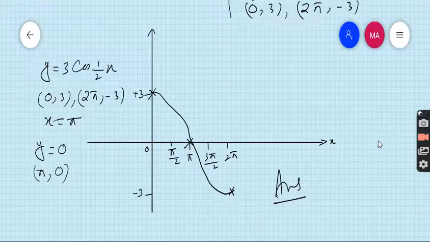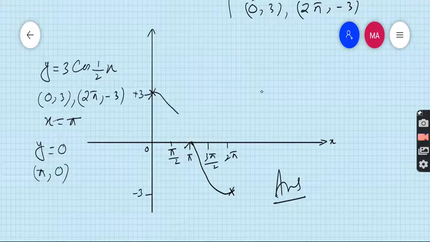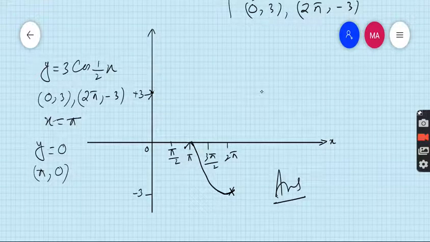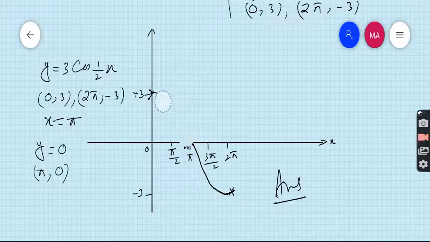Okay, and this is our today's class where we have done part number 4 of question number 2. Kindly keep in mind my curve is not as smooth as it should be, but you people have to draw as good a curve as possible.